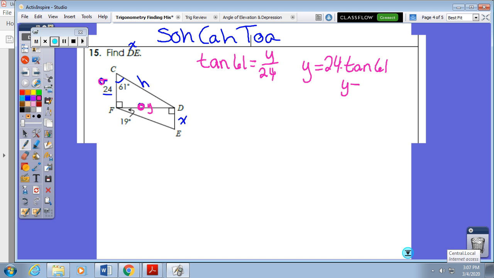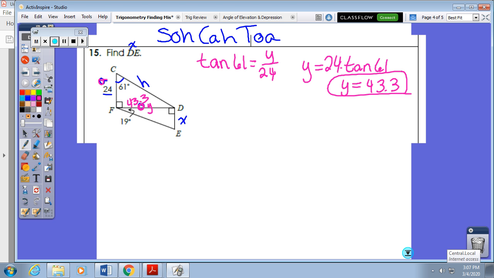So I end up with y equals 43.3. So this side is 43.3.